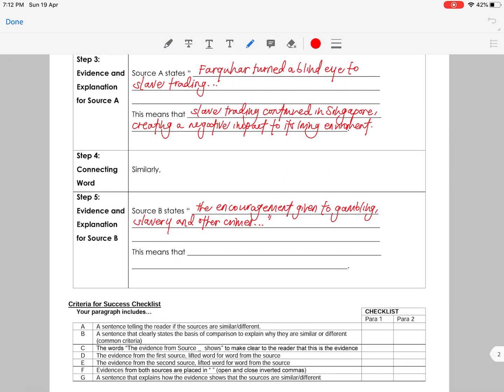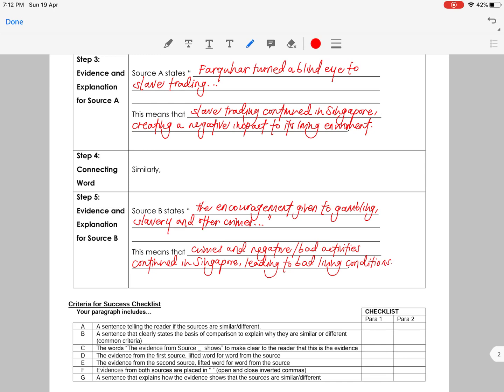Okay, this means that crimes and negative or bad activities continued in Singapore, leading to bad living conditions.